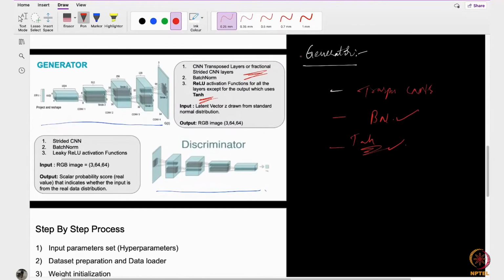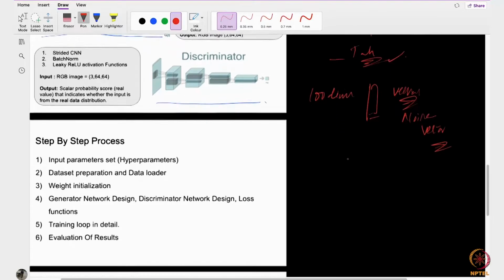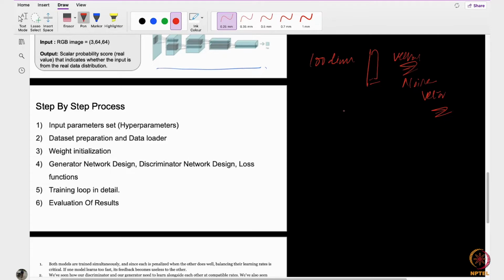For the generator, in this case, they have used a 100-dimensional random noise vector, which is fed into the generator, so that the output generated will be a 3-channel 64x64 image.